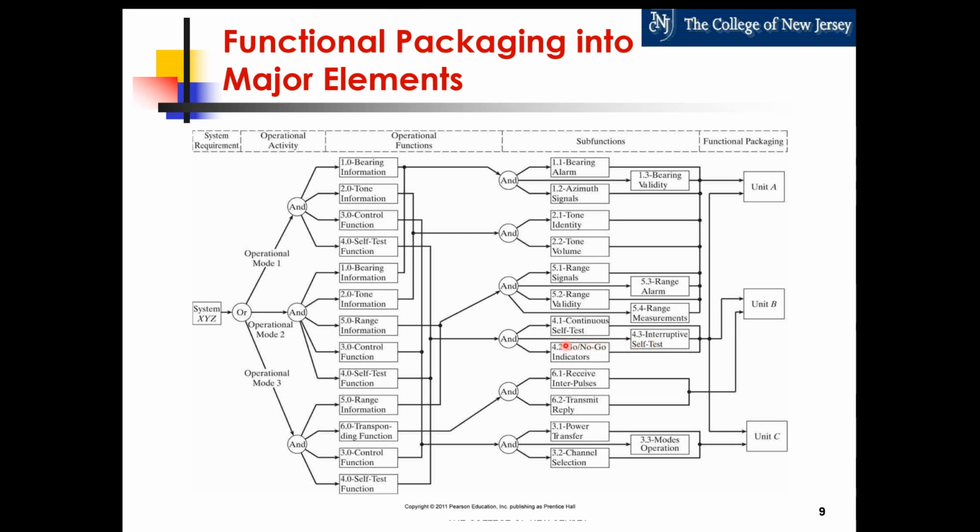And it also has go, no-go indications, perhaps on power on. And again, these are AND connectors, meaning that these sub-functions are all required in these functions. Then you have this transponding, which has reception and transmission. And then you have the control function that has power in there and channel selection, it controls the modes of operation, and so forth. Okay?